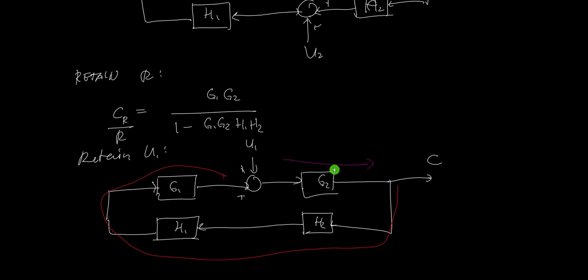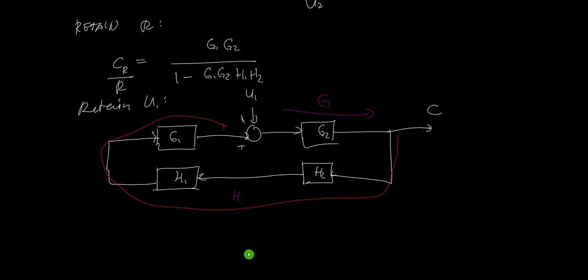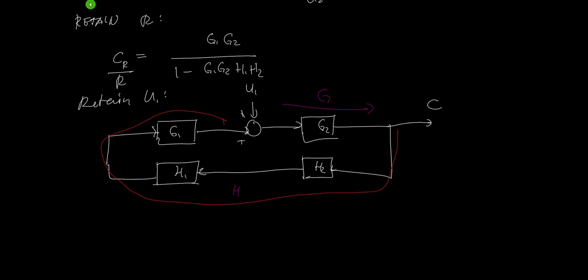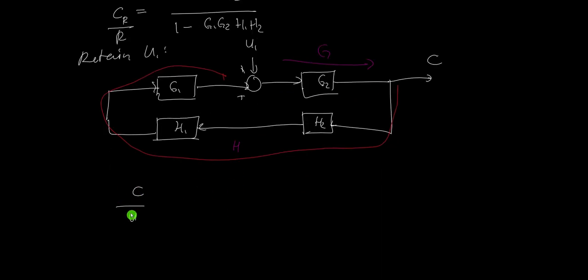So this is our G, while the cascaded equivalent of these three is our H. So if we solve for C with respect to U1, C over U1 will be just equal to G. Our G is G2 all over 1 minus our G, which is G2, multiplied by our H. Our H is the cascaded block here, we have G1, H1, H2.